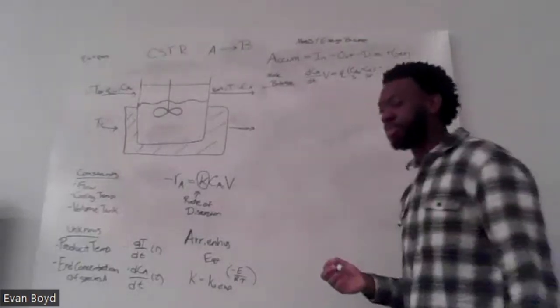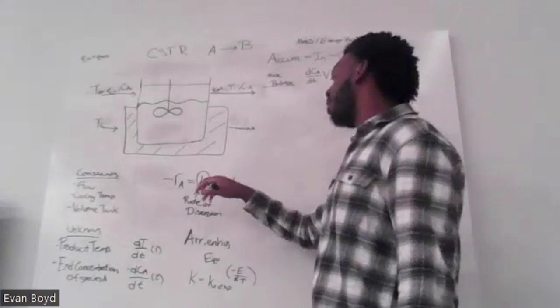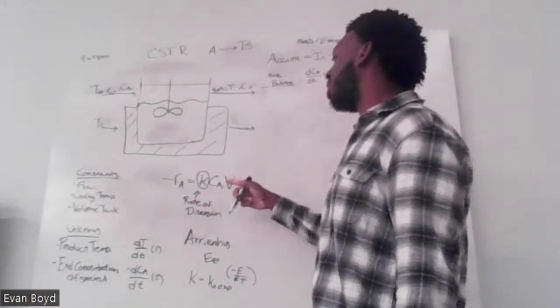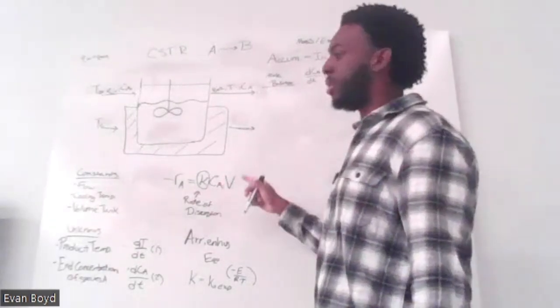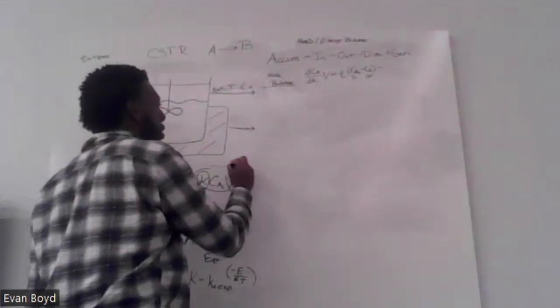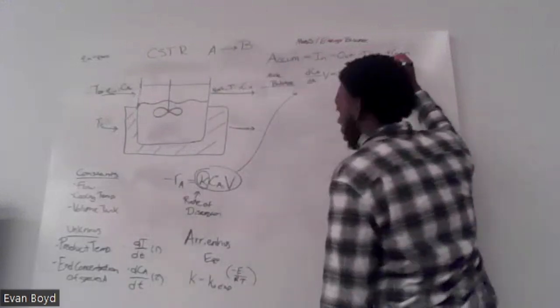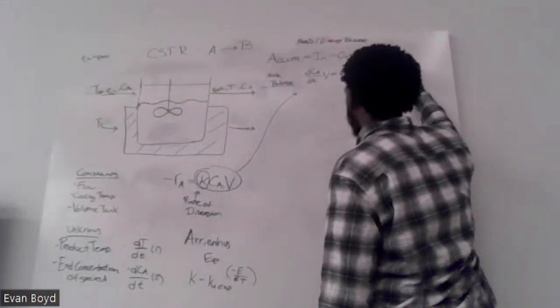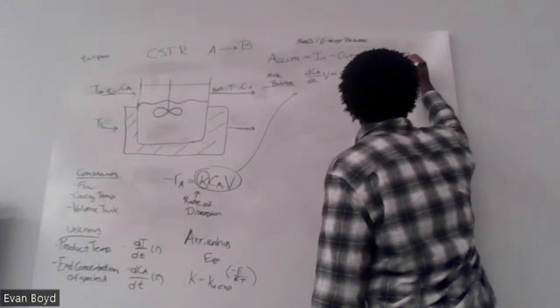All right. So now we have the volume of the liquid, and the rate of desorption times the initial concentration of species A times the volume. We can put this equation up here, K times CA initial times volume.